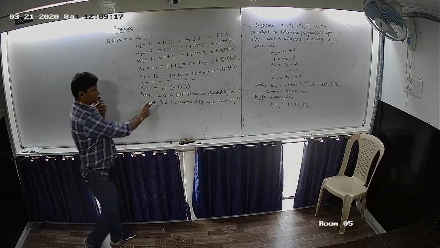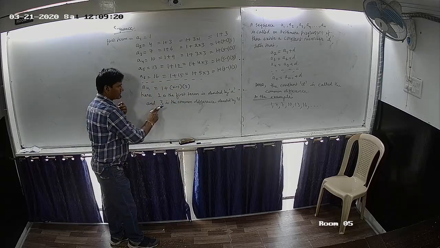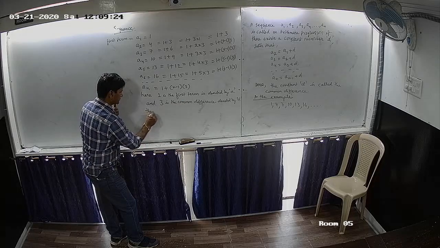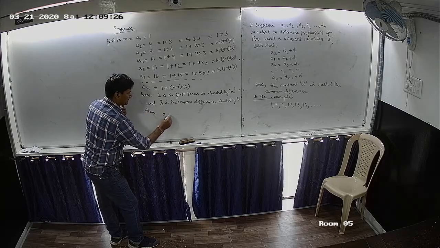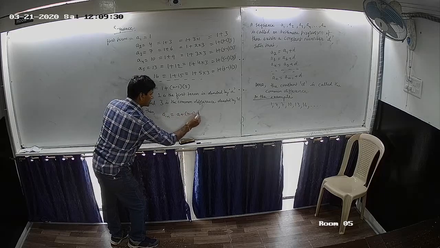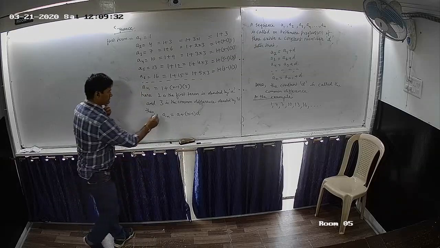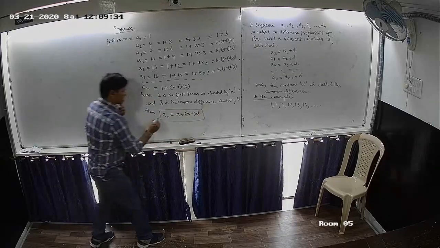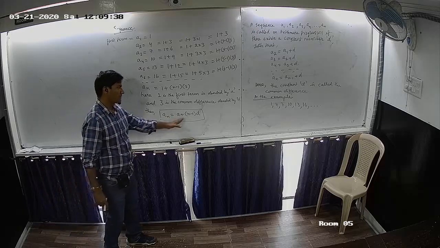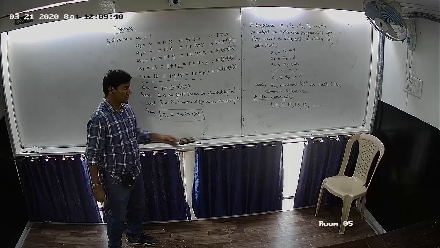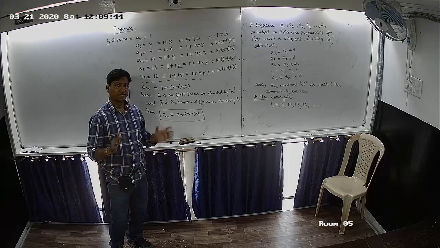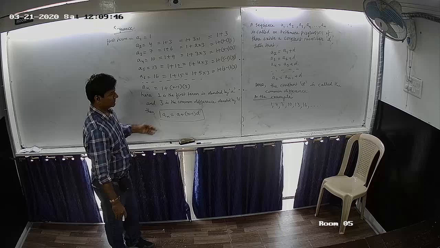If you denote the first term as a and the common difference as d, then an is equal to a plus n minus 1 into d. Thus, we get the nth term as a plus n minus 1 into d.